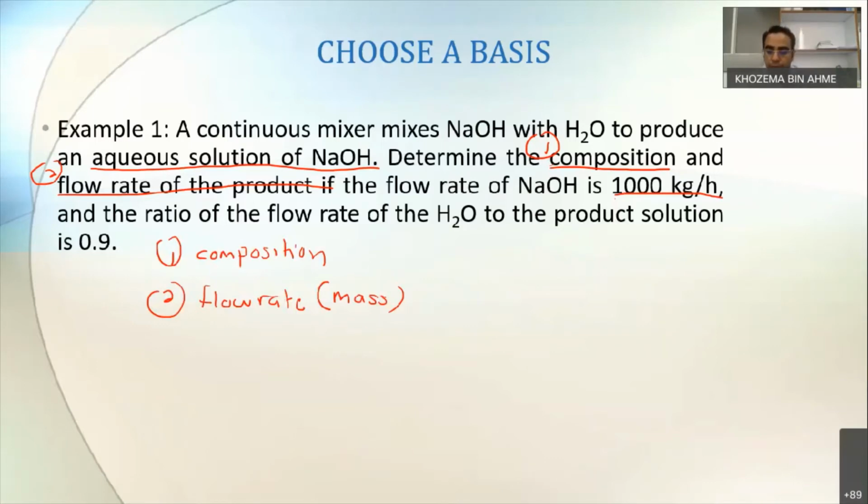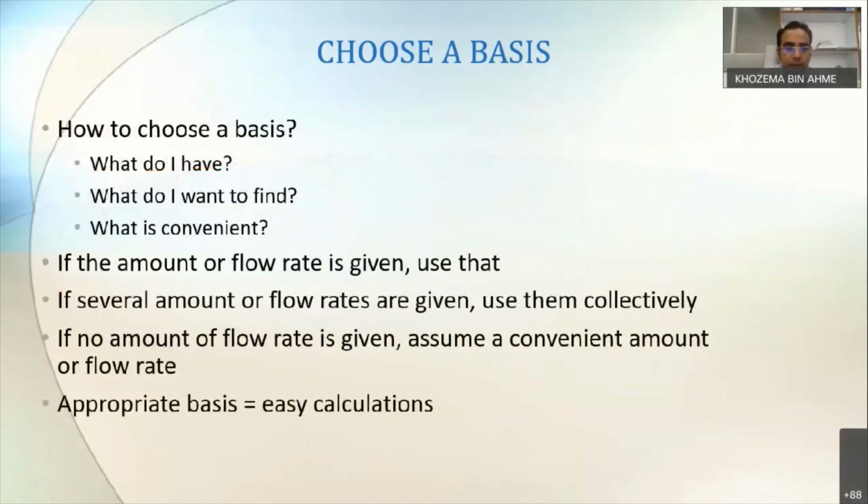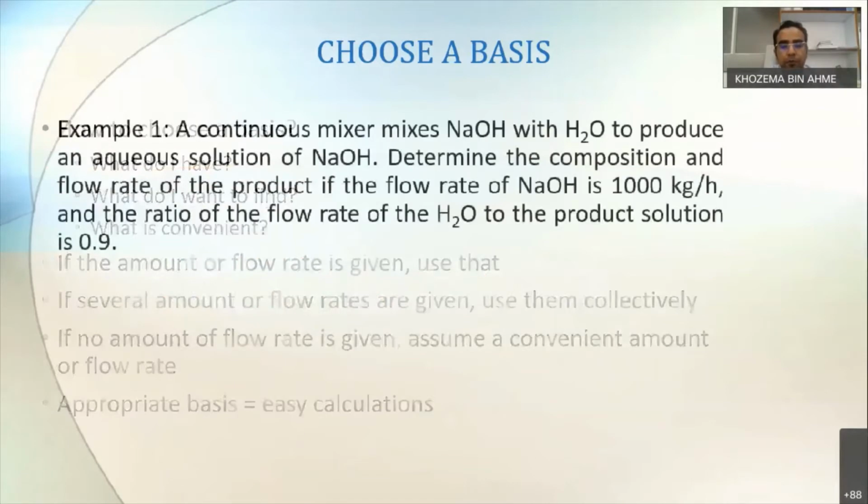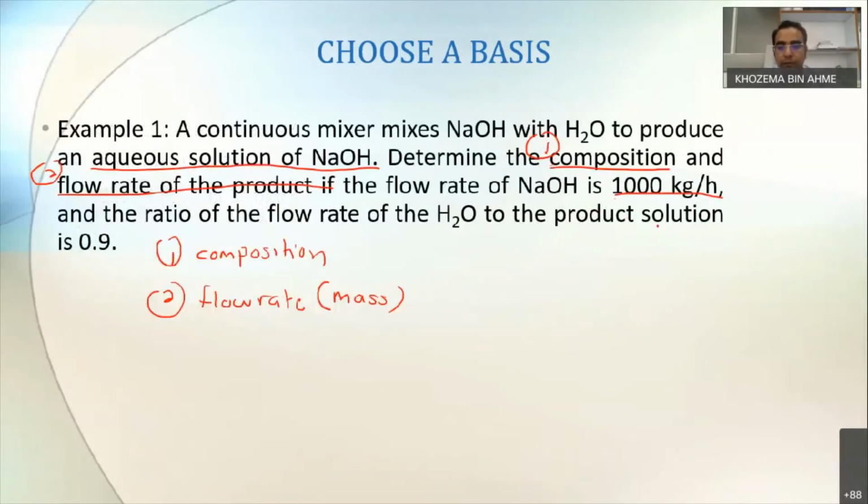By looking at this question, if you go back to our first condition: if the amount of flow rate is given, use that. In this question, I am given a value, 1000 kg per hour.